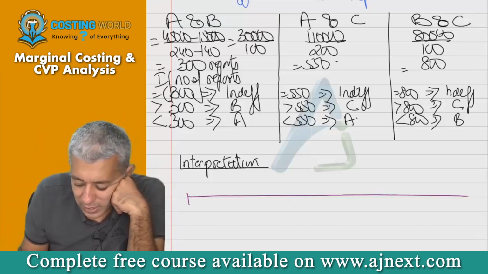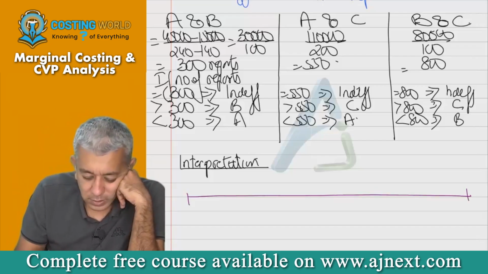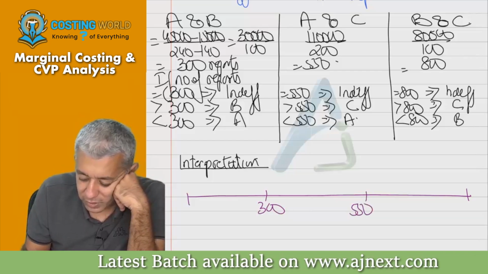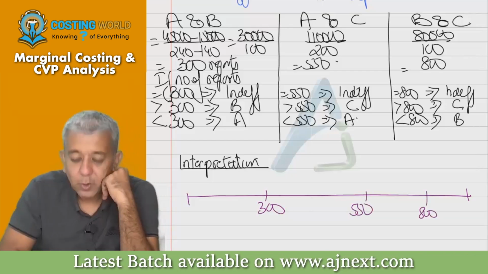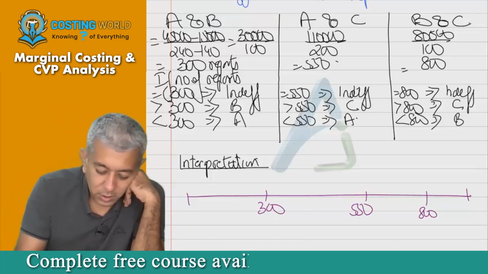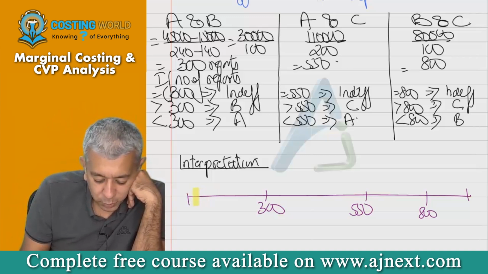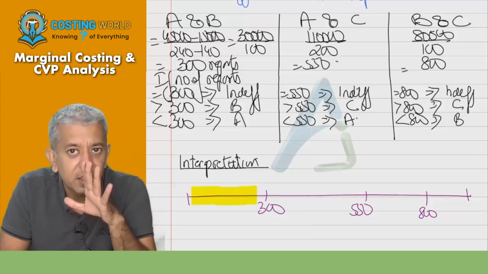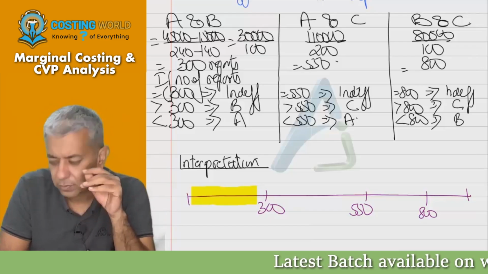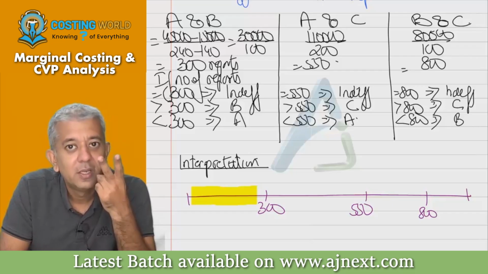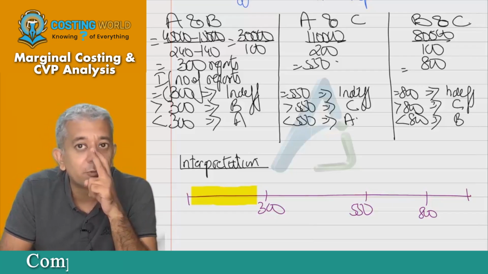You are going to make a timeline like this, and plot 300, 550 and 800. You are going to give me 7 answers. If the number of reports is between 1 and 299, which machine is better? And you don't have a choice of only 2 machines. Ultimately, you have a choice of how many machines?